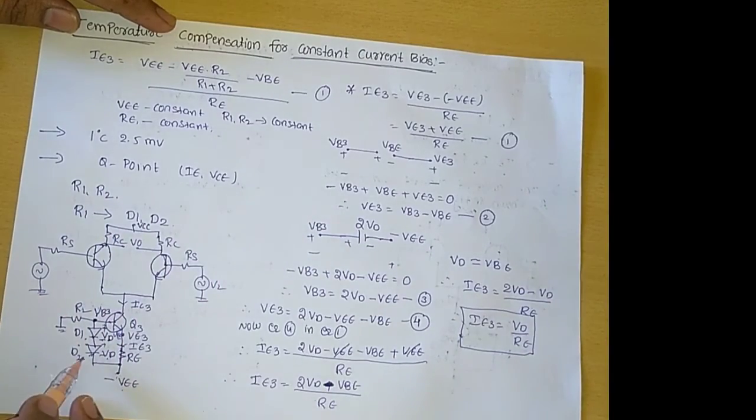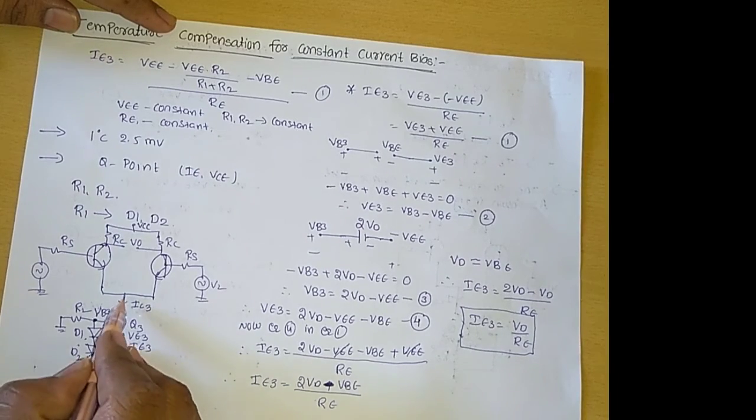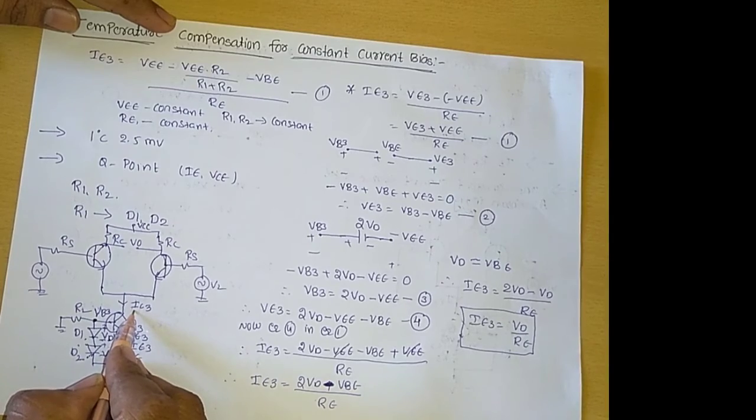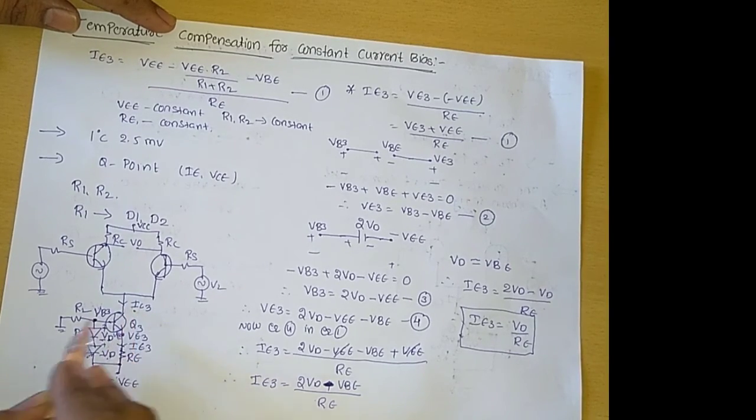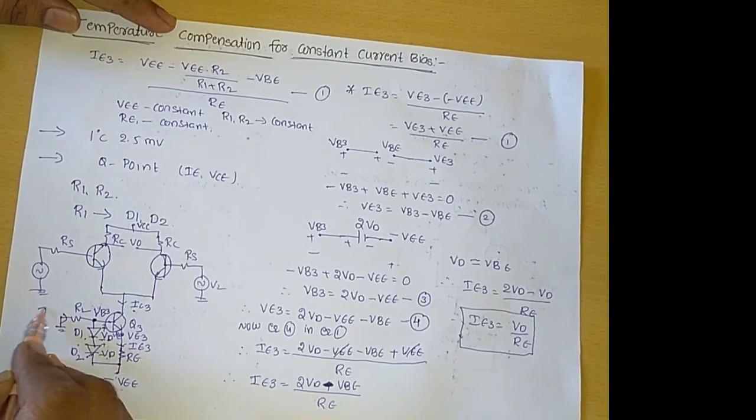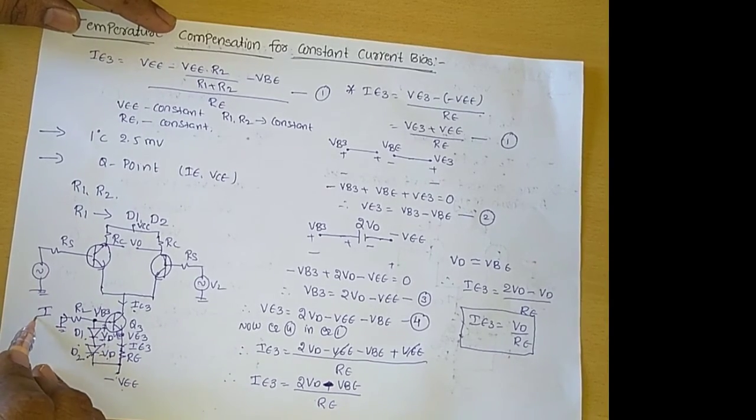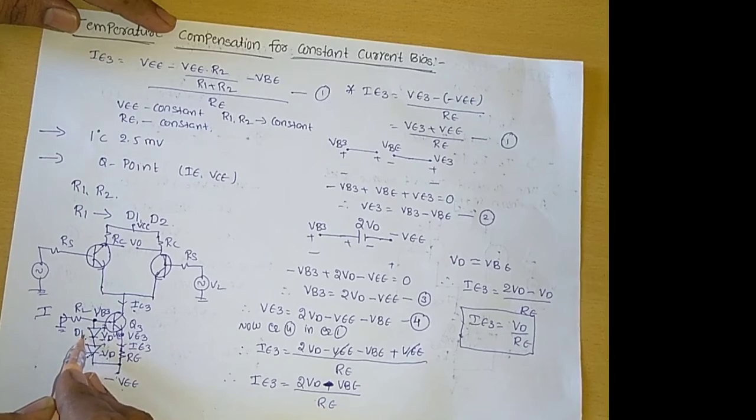It means that in this circuit, if the temperature increases, at that time this collector current IC3 increases. If the collector current IC3 increases, at that time this overall current I also increases. The current I increases, then this ID current increases. If the ID current increases, the base current of this Q2 transistor decreases.